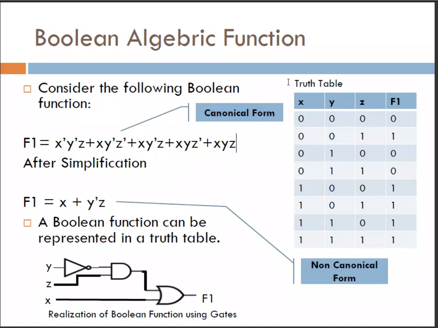Here we have a truth table to represent this Boolean expression. Here you see that you have variables x, y, and z, and the output. With these 3 variables, we have a combination of 2 power n, meaning 2 power 3, which is equal to 8. 1, 2, 3, 4, 5, 6, 7, 8.